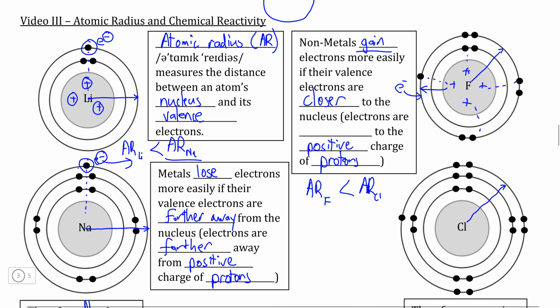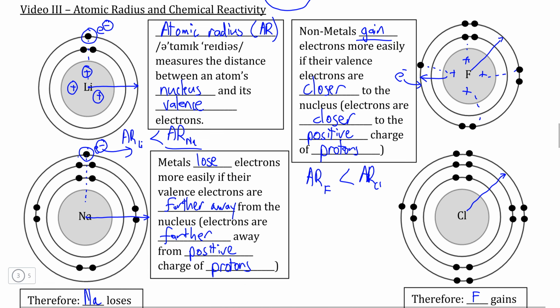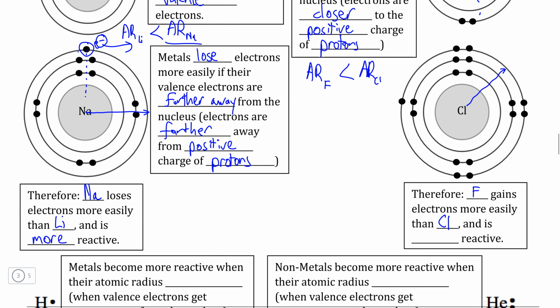And the closer the valence electrons are to the nucleus, the more attracted they are to it, and therefore, because the nucleus is closer to fluorine's valence shell than to chlorine's valence shell, fluorine is more easily able to gain a single electron than chlorine is, and this is why fluorine, as the nonmetal with the most valence electrons and with the smallest atomic radius, is actually the most reactive element on the entire periodic table, including being more reactive than chlorine.